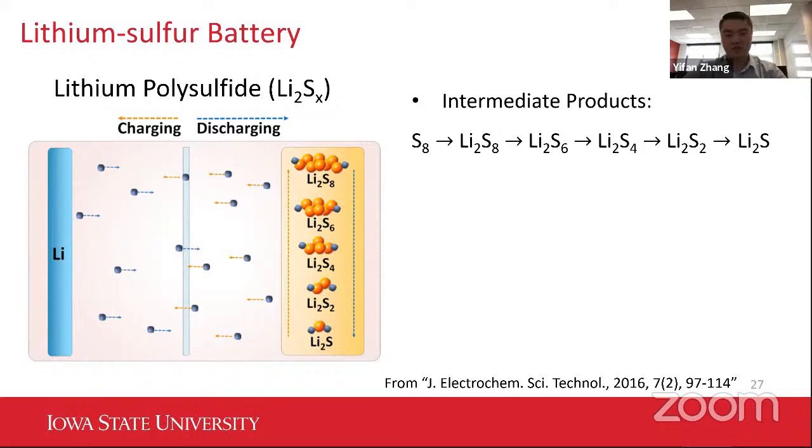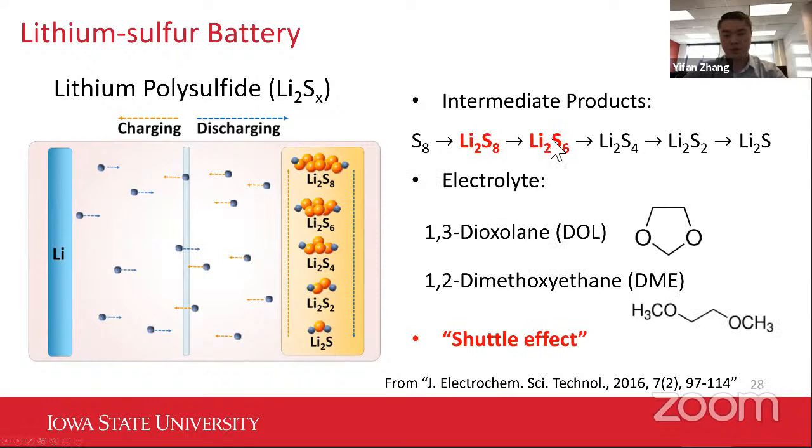And the bad thing is, these 2 species, Li2S8 and Li2S6, are highly soluble in the electrolyte. Right now, the electrolyte in lithium sulfur batteries is commonly a combination of the organic solvents DOL and DME, and these 2 species are very soluble in these solvents.